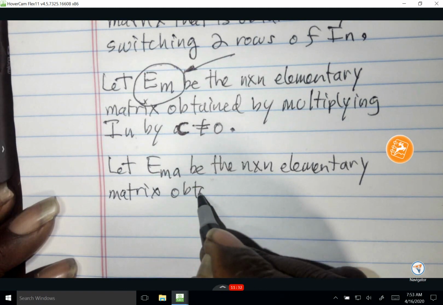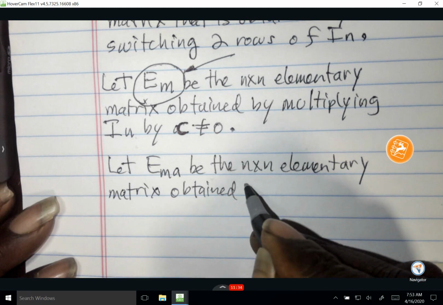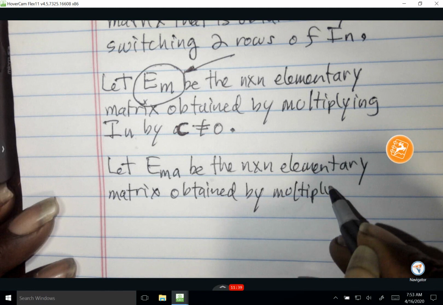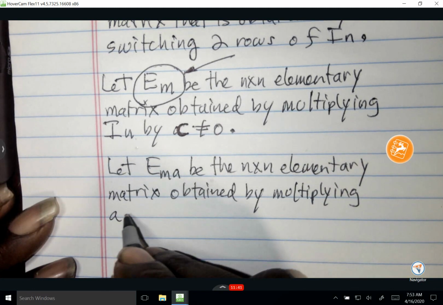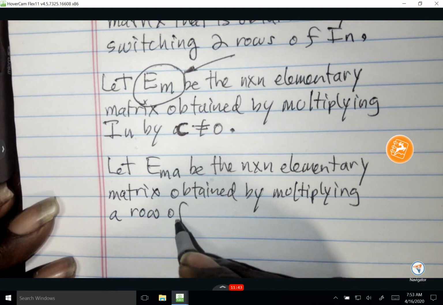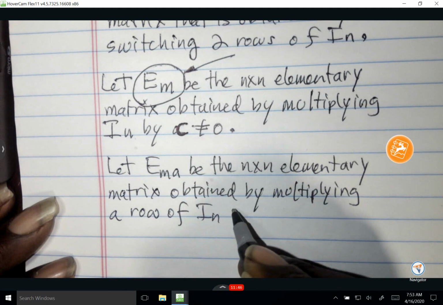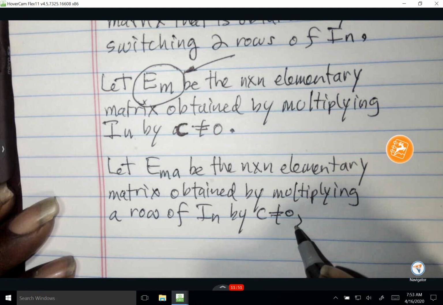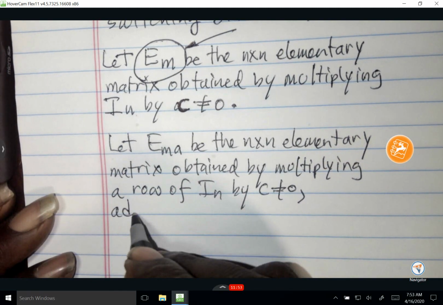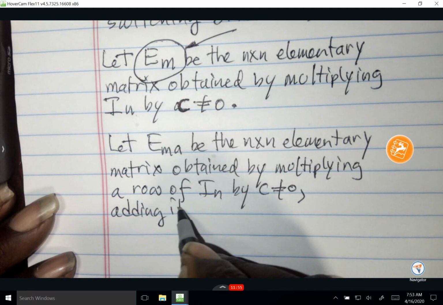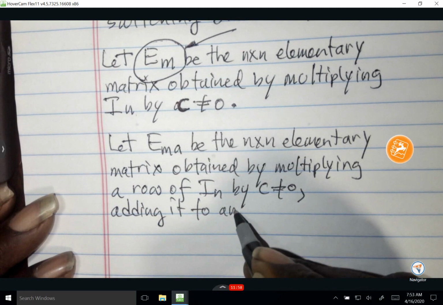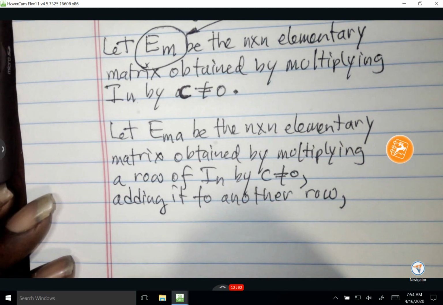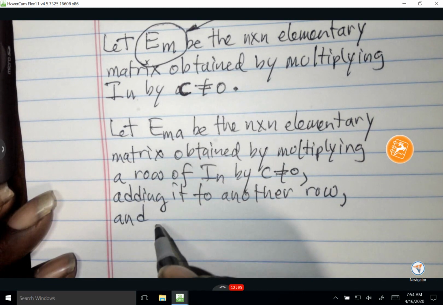obtained by multiplying a row of IN by some non-zero number, I'll say C, adding it to another row, and using it for that row.